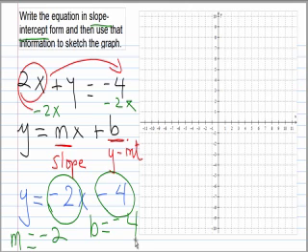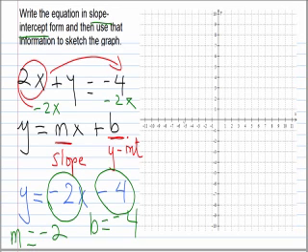So we have all the information we need now to draw a sketch of this line. We start with the y-intercept on the graph, so we'll locate that at -4, and we'll use what we know about slope, rise over run, put a denominator of 1 here, to move along that line and find some other points on the line.